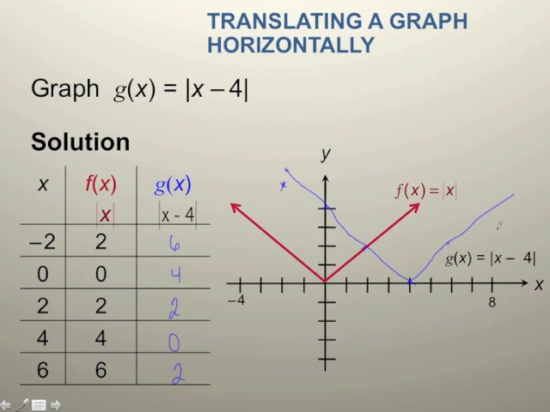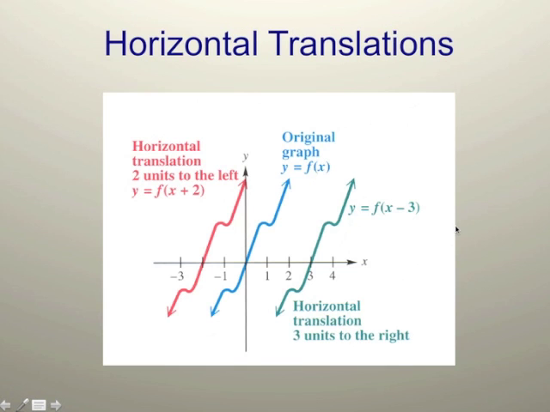Notice that it's still that same V, it's just moved over 4 places. Subtracting 4 from the x moved it 4 to the right. And this slide will show us what happens.